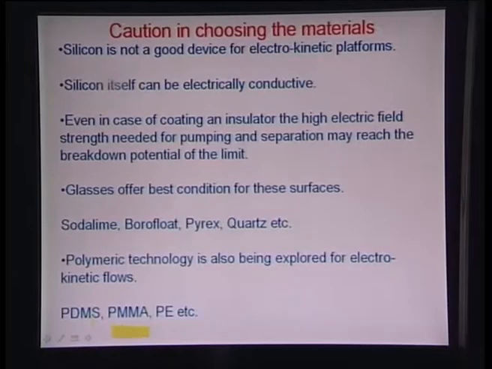There has to be a certain caution in choosing materials, especially for electrokinetic applications. Silicon particularly is not a good device for electrokinetic platforms, because silicon itself can be electrically conducting depending on whether it has dopant material. Silicon can change its behavior from being insulating to being conducting because that is how semiconductors behave.